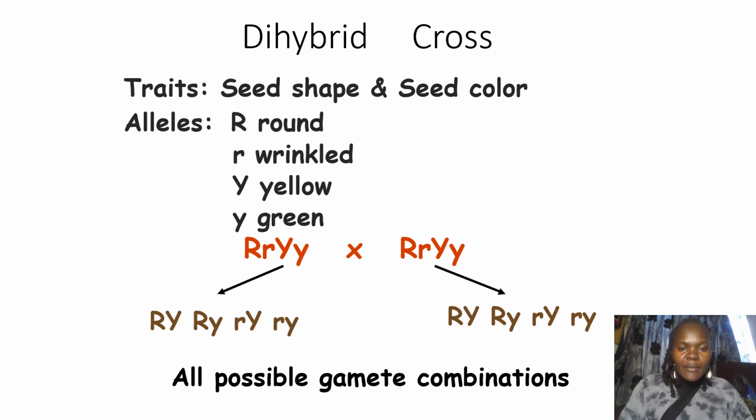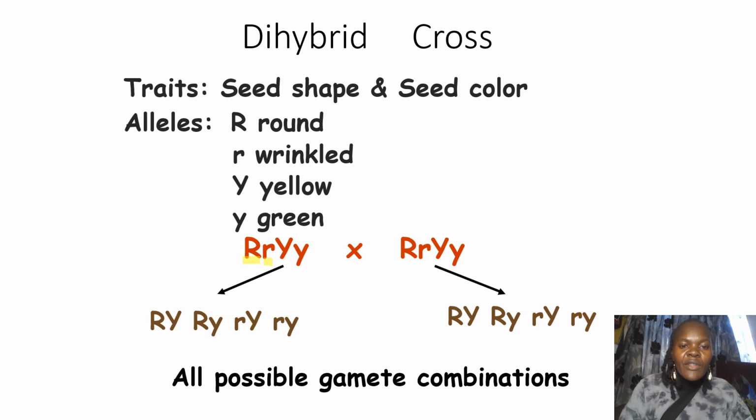Then we said that we are going to generate 4 gametes. So what you can see here is we have the dominant allele for round, the recessive allele, wrinkled. This is the gene which controls shape. Then we have capital Y for yellow, small y for green. This is the gene which controls color.